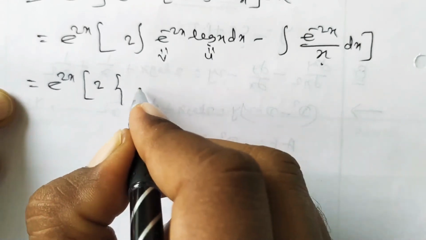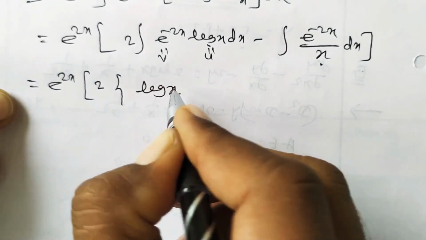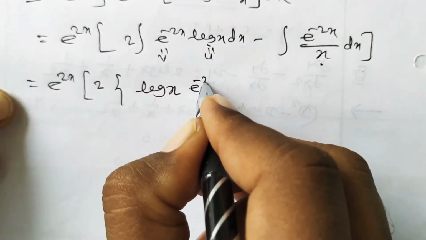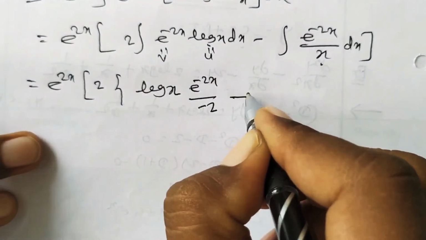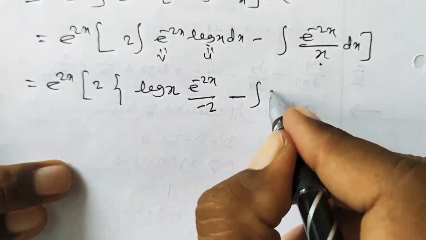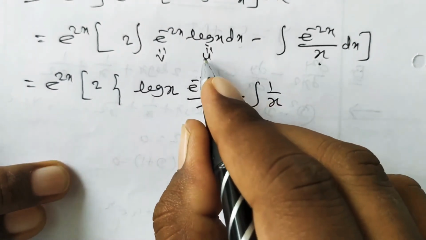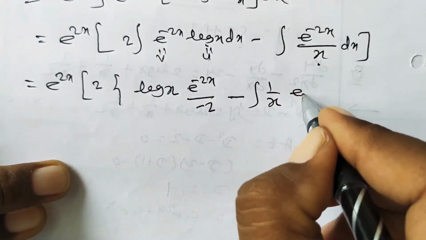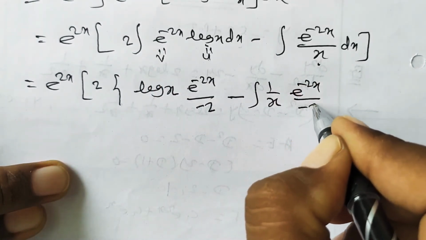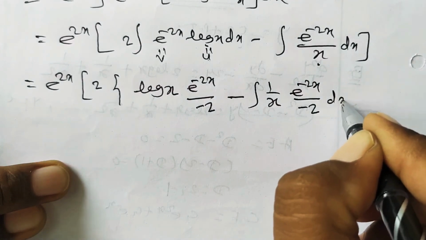U into integration of v, so u, that is log x, into integration of e raised to minus 2x, which is e raised to minus 2x upon minus 2, minus integration of the derivative of log x, which is 1 by x, into the integration of v, the integration of e raised to minus 2x, which is e raised to minus 2x upon minus 2, into dx.